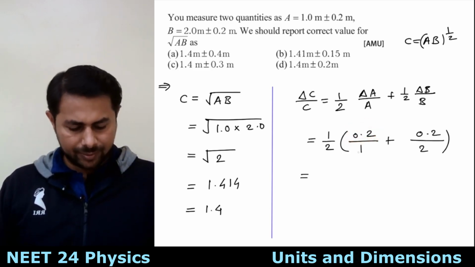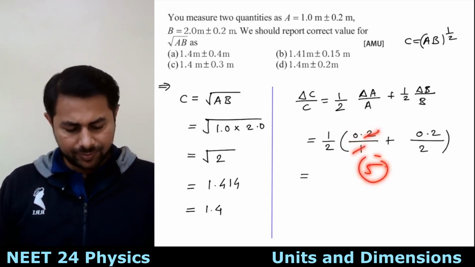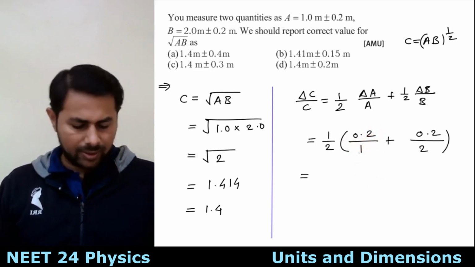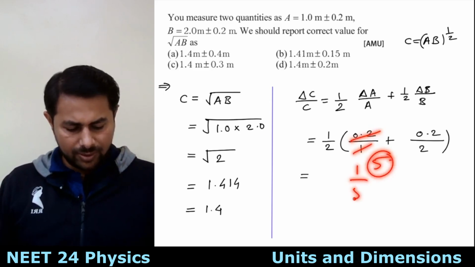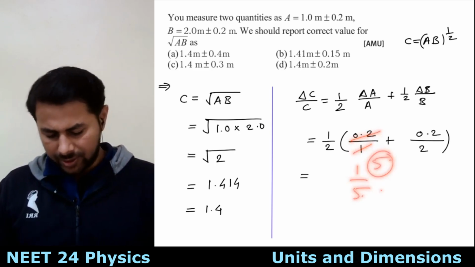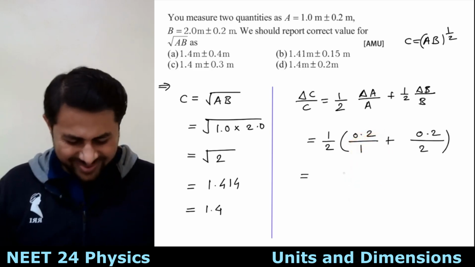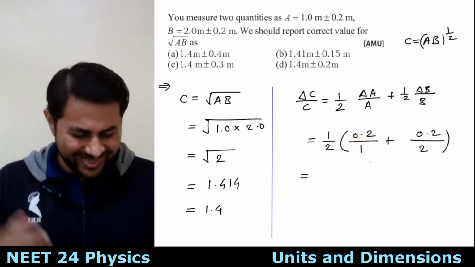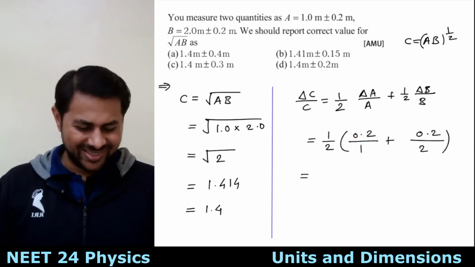So it's like 1 divided by 0.2 is 5. Right, so 1 by 5. Sorry, 1 divided by 0.2 is what? It's 5. Yeah, so it is 1 by 5. So that is 0.2 only. Oh, this is 0.2. Alright, 0.2 by 2 is what?